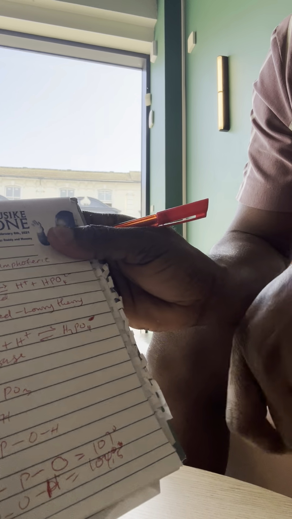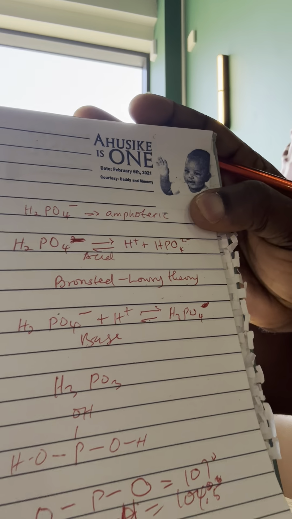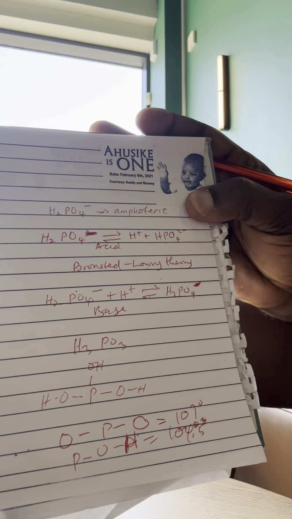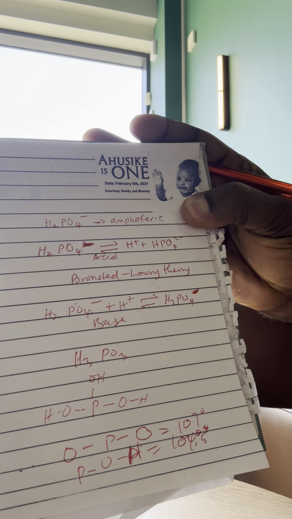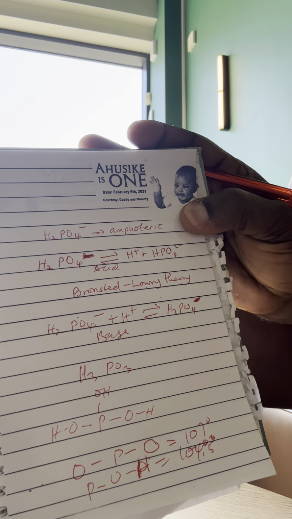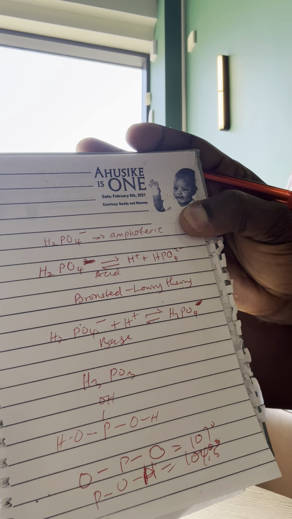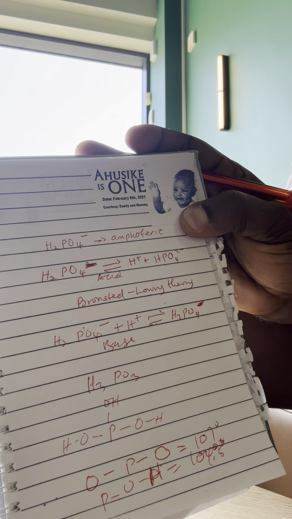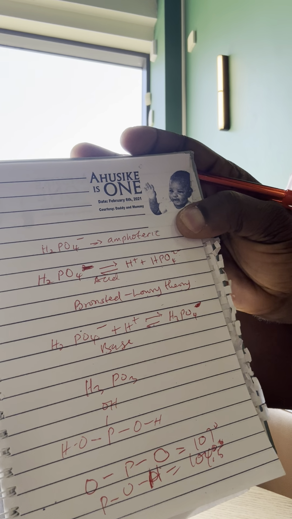So those are the bond angles for each of them. So bond angles for OPO is 107, and bond angles for P to O to H is 104.5 degrees.